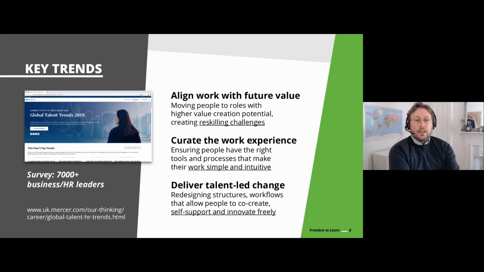They found that if you can get the tools and processes clear and easy to use, and the work simple and intuitive, then that will significantly retain talent in the future. And also allowing talent to be involved in the redesign of the structure and the workflows of your organization is really quite critical as well.